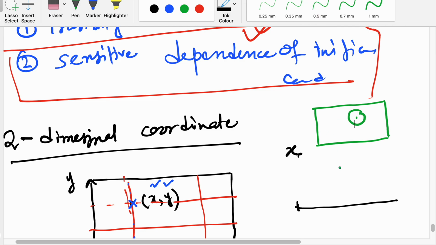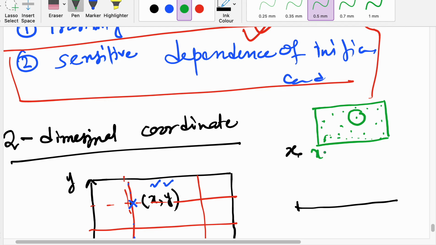That is the mathematical term. Physically it means your orbit, these points are moving from here to here, here to here. It is saying that this point will go everywhere into this space.